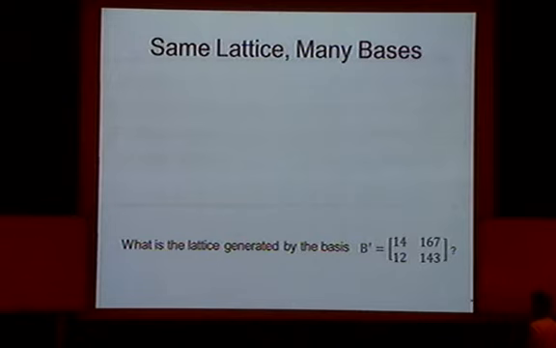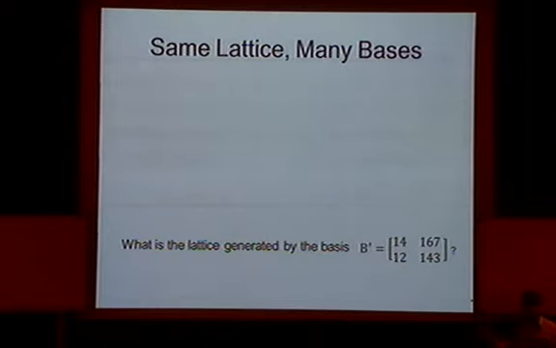Let me ask you a question. This is a basis: two vectors, (14, 12) and (167, 143). It's a weird basis. What is the lattice generated by this basis? Can anyone tell me? Take a guess, don't be afraid. I take all positive and negative integer linear combinations of these two column vectors.